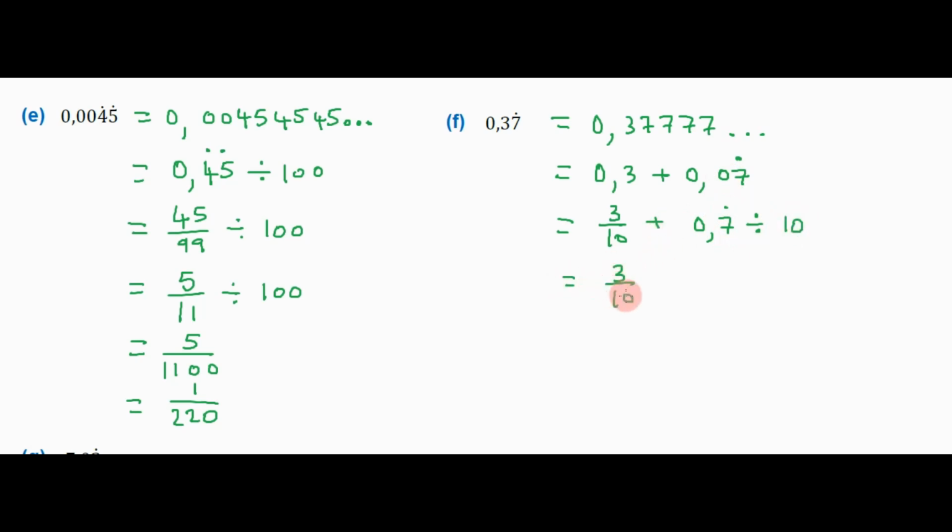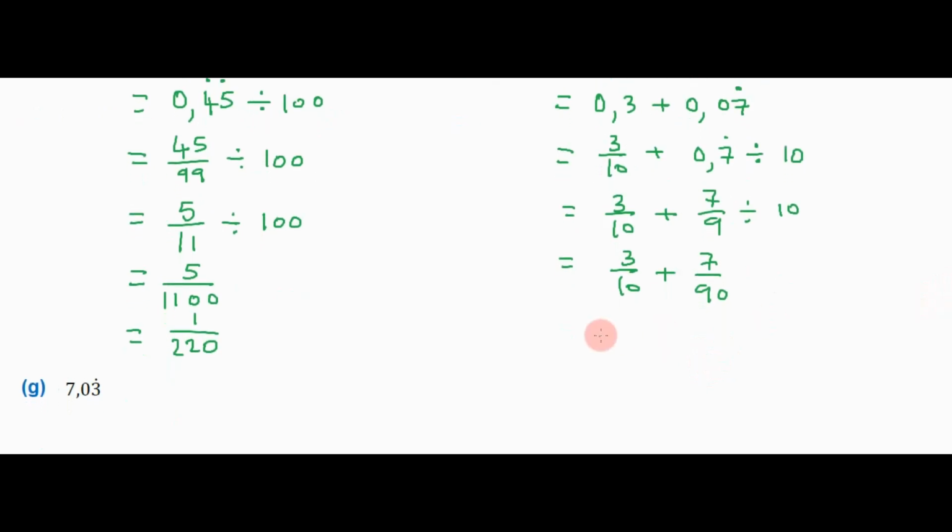So it's 3 over 10 plus... We now use the same method as before. This is going to be 7 over 9 divided by 10. So it's 3 over 10 plus 9 times 10 is 90. So 7 over 90. We want the denominators to be the same here.